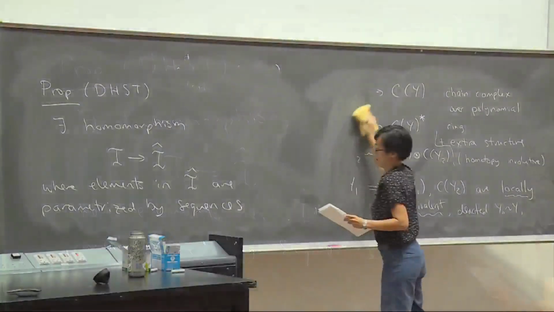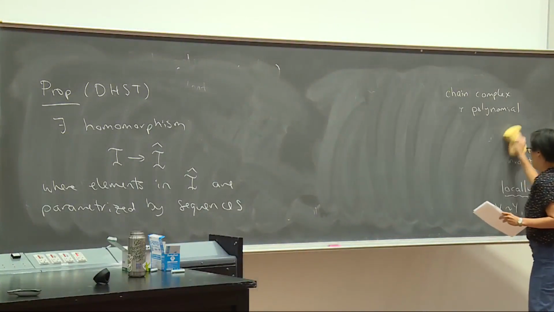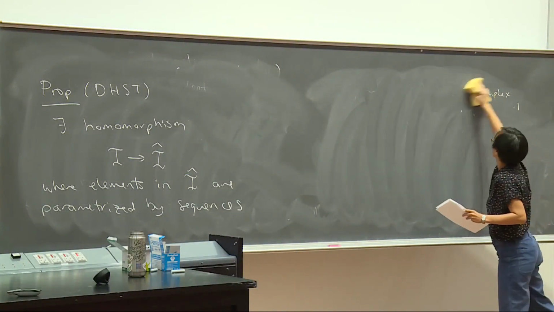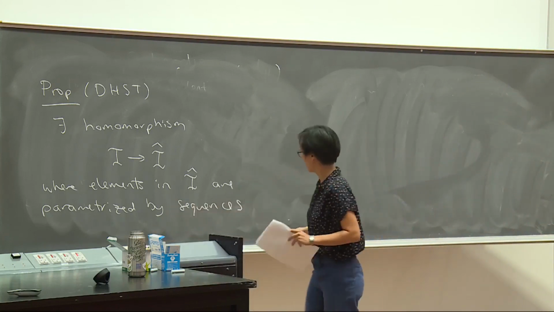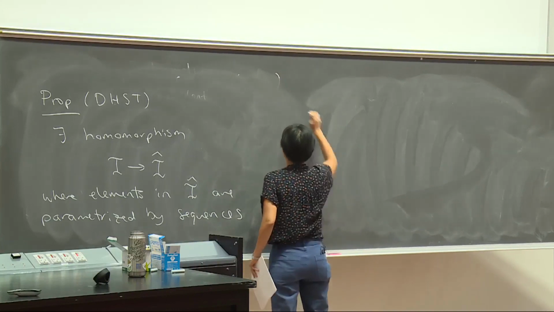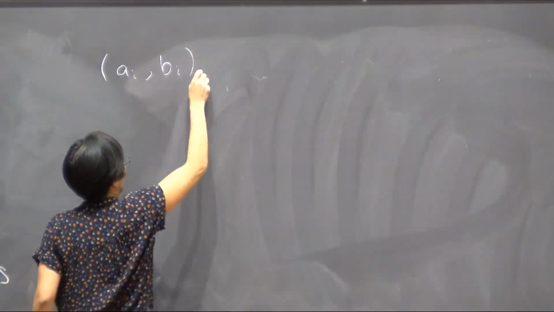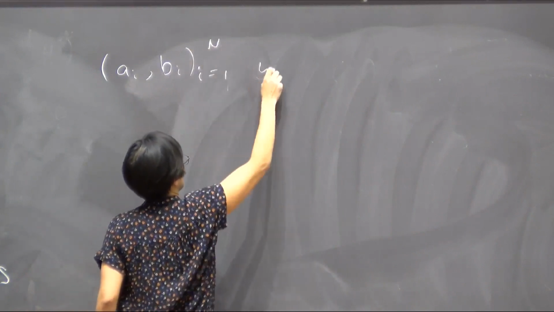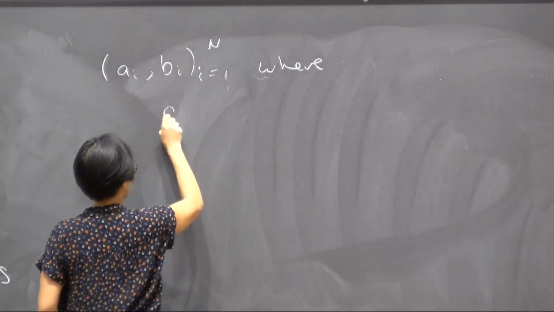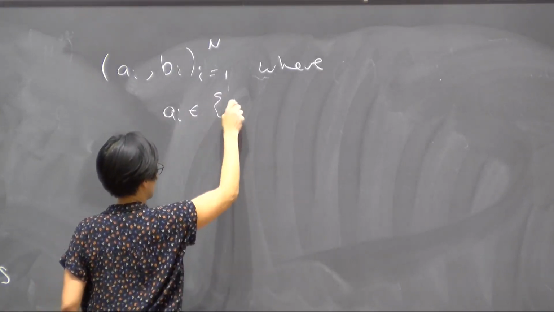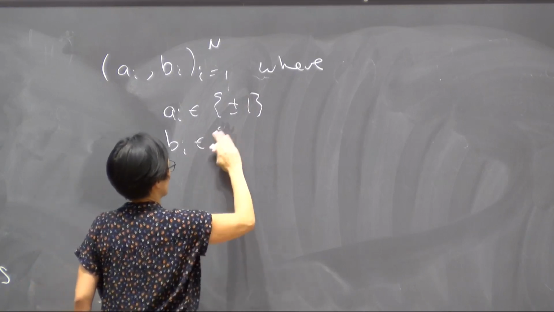Certain sequences of integers: a_i, b_i, where the a_i take values in the set plus or minus 1, and the b_i are non-zero integers.